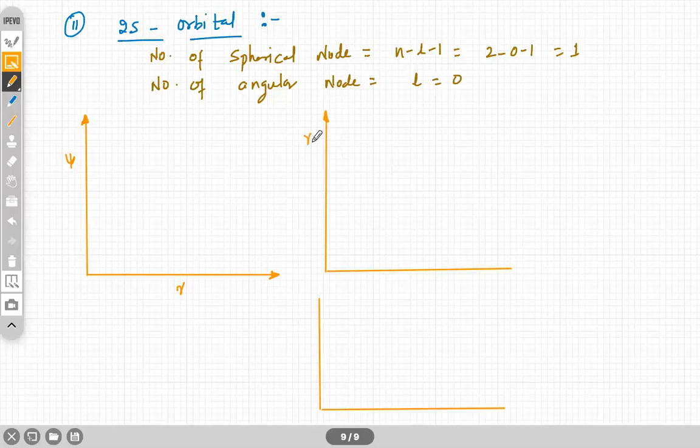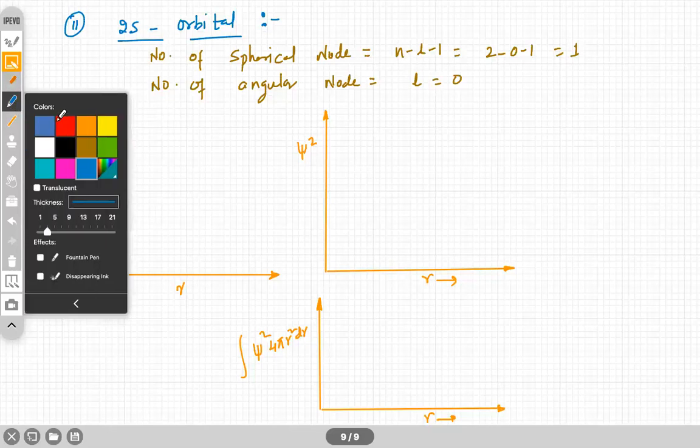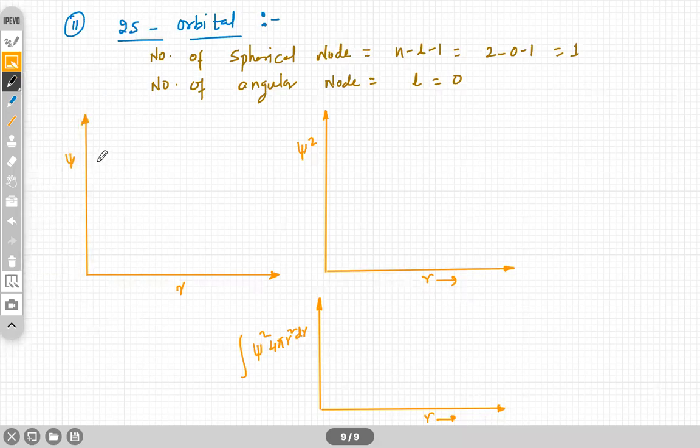This one is psi square and r. This one is the probability, that is psi square 4 pi r square dr, and this axis is the radius we have, r. Okay, so here the psi and r graph goes like this. From here it comes down like this and it goes up, but it won't touch the x-axis like this.